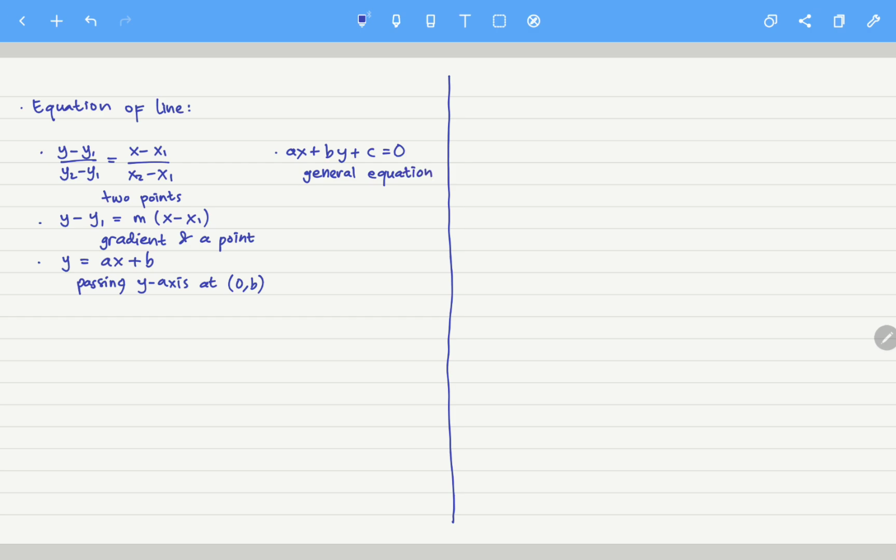And from the previous meeting we also know that we can have x equals a, which is a vertical line, and we can also have y equals b, which is a horizontal line.